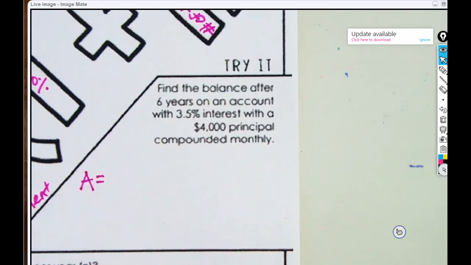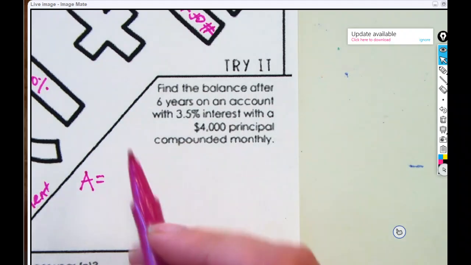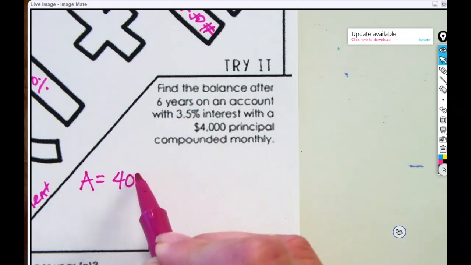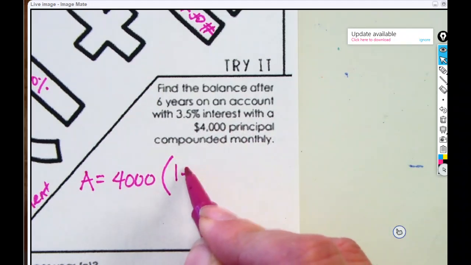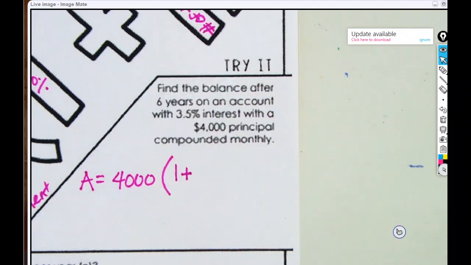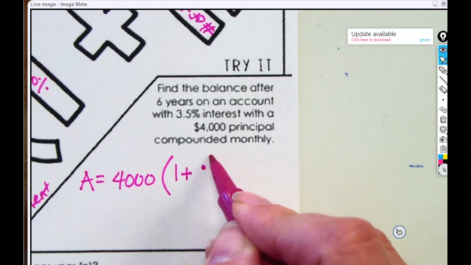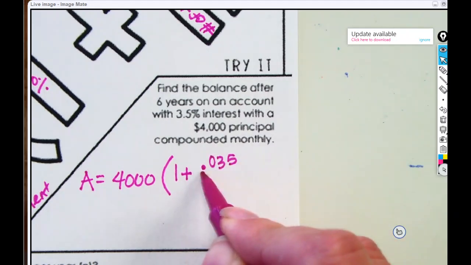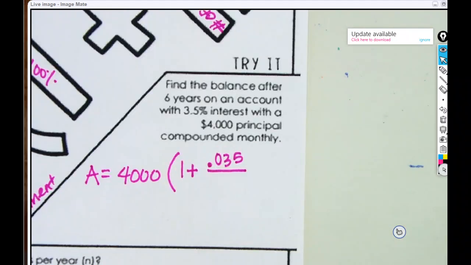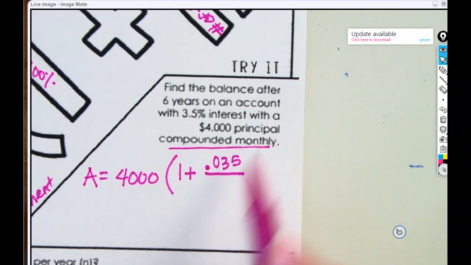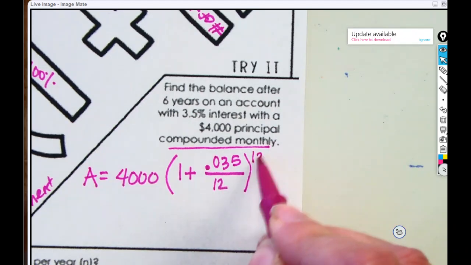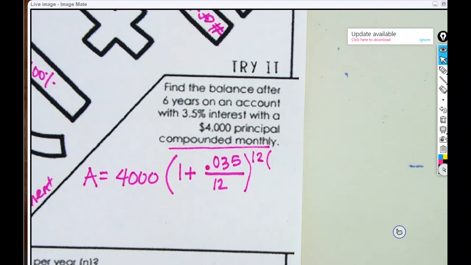Amount after time: my principal is 4,000, parentheses, 1 plus. What is my R going to be? 0.035 over, what is the N in this case? Because it was compounded monthly, 12.